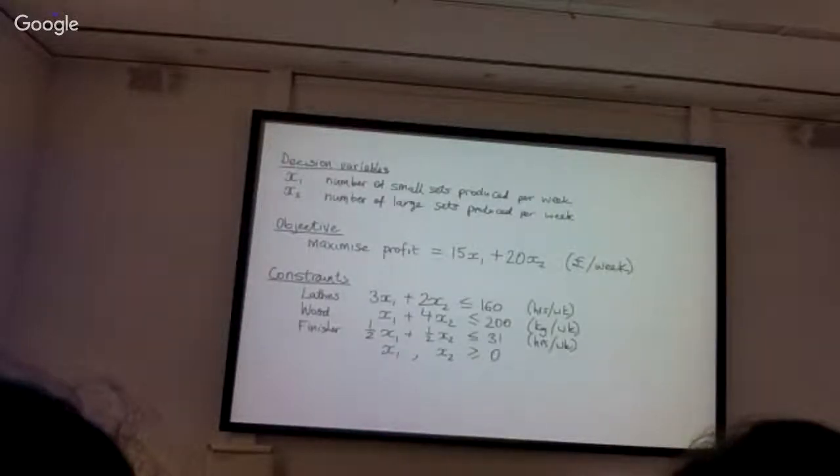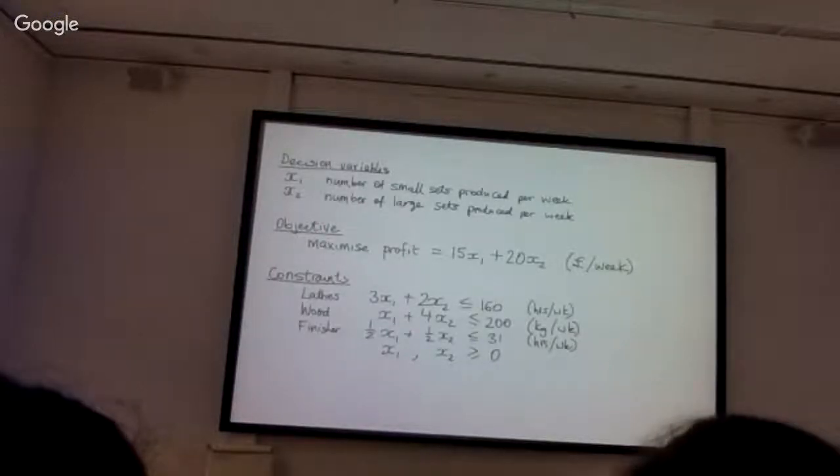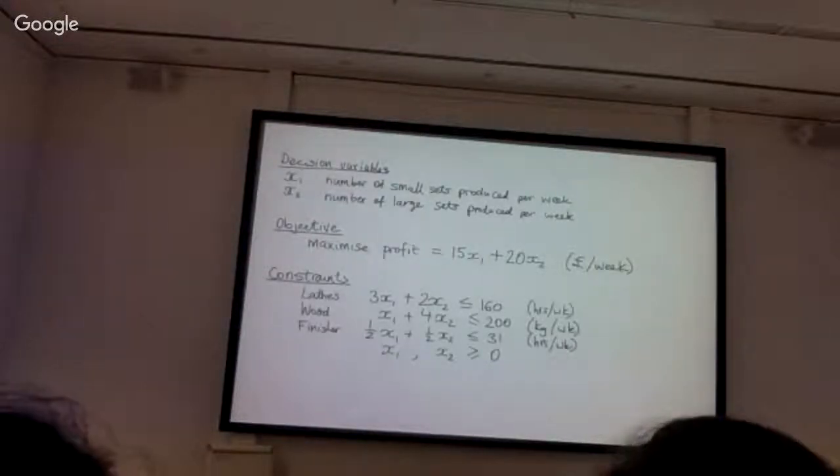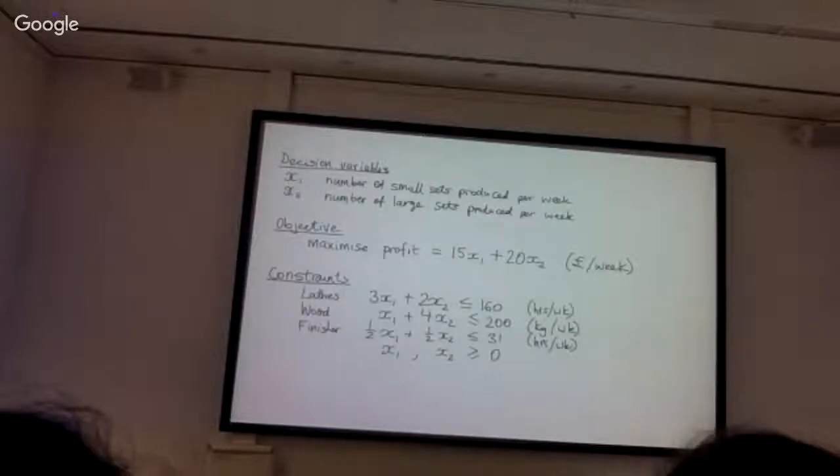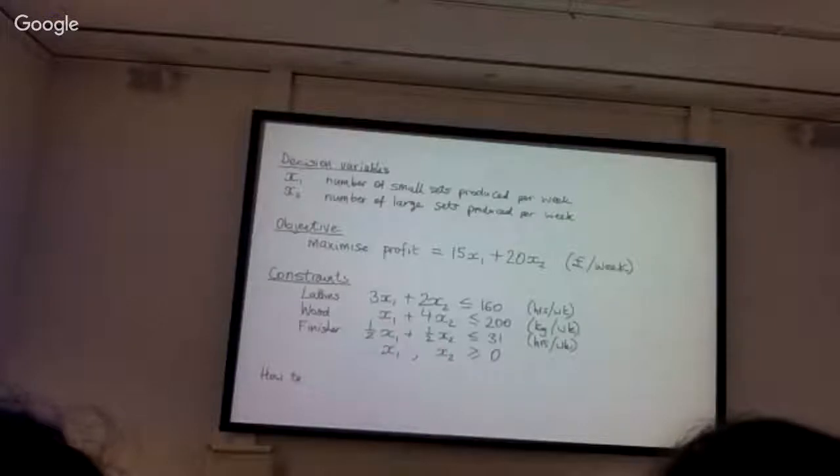Okay, that's it. Any questions about the formulation? No? Good. So now the next step is to learn how to solve this, so how to find the maximum.